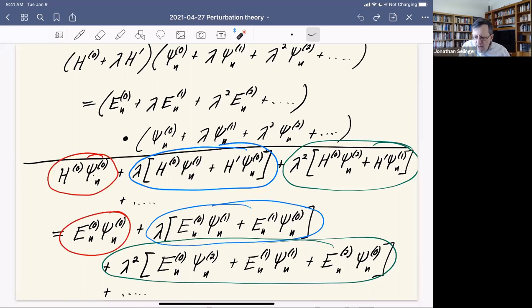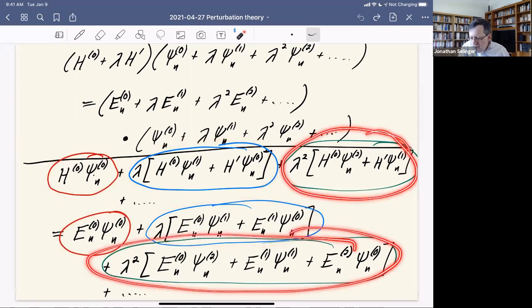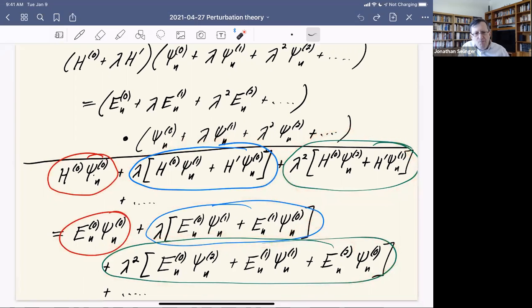Here it is, where the terms circled in red are the 0th order terms, the terms circled in blue are the 1st order terms, and the terms circled in green are the 2nd order terms. That's as far as I'm going to go.